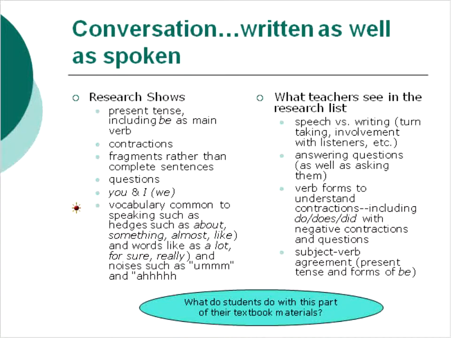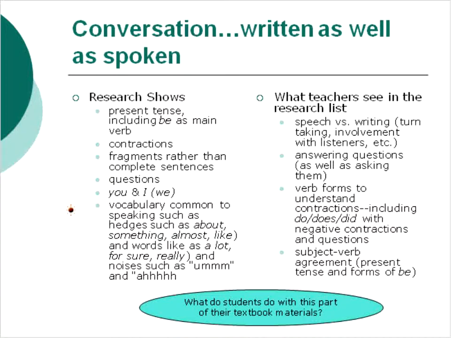Vocabulary that's common to speaking: hedges, about, almost, like, a lot, sure, for sure, really. We don't see much of you and I in written things, but sometimes people try to imitate that. So these are the kinds of things that are characteristic of conversation: present tense, contractions, fragments, questions, certain pronouns, and then some vocabulary.